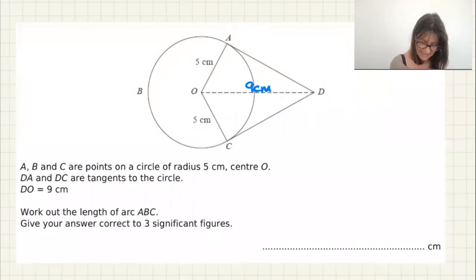Also, the DA and the DC are tangents to the circle, so it makes sense to mark that in as well. They want me to work out the length of the arc ABC. Okay. So the length of the arc ABC, I'm going to highlight it, is that bit there.